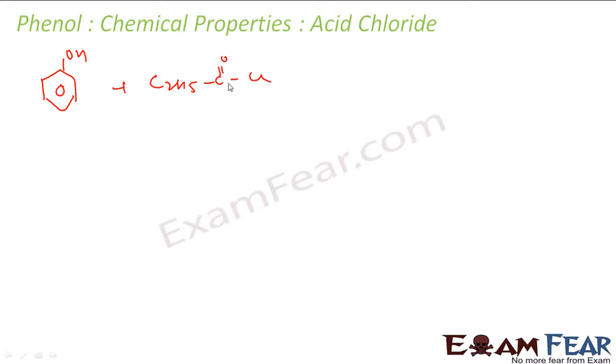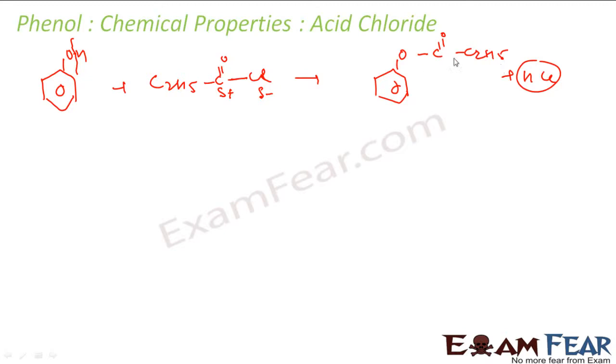So here if you see, chlorine has high electronegativity, it will get slightly negative charge, and the carbon slightly positive charge. Here also this bond will break. Actually, I'll show you why. What you get is O, COC2H5 and you get HCl back. This is phenyl ethanoate. This is a nucleophilic reaction.